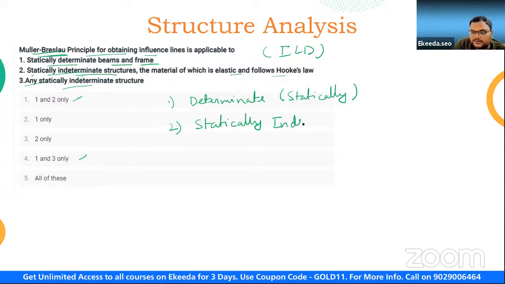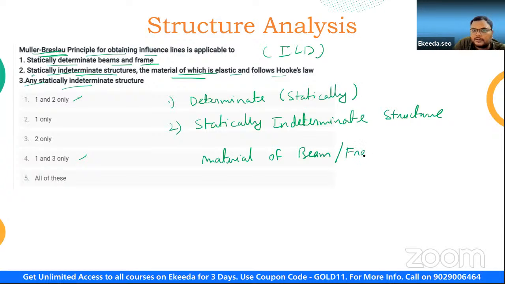But there is one condition, that if we want to draw the ILD for a statically indeterminate structure using the Muller-Breslau principle, then the material of the beam or frame should be elastic in nature, right, guys? It should be elastic in nature and it should follow Hooke's law.